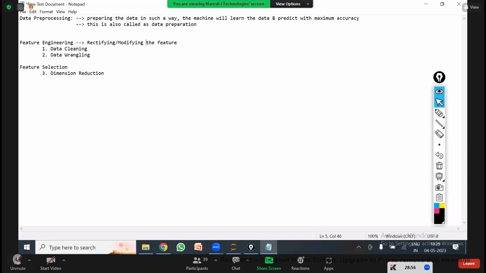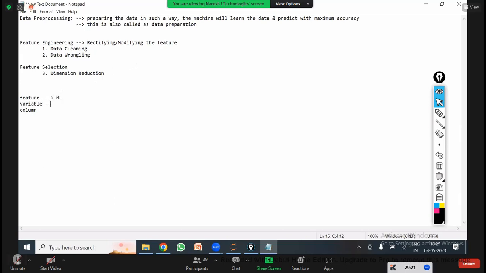What is meant by feature? Feature means nothing but variable. Both are the same. In the notes you can write separately: feature, variable, column. Three of them are the same. In machine learning, it is called a feature.